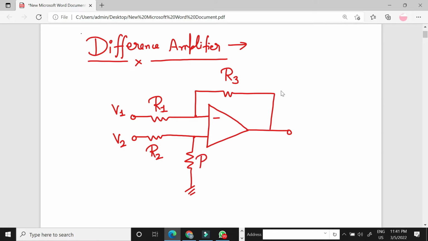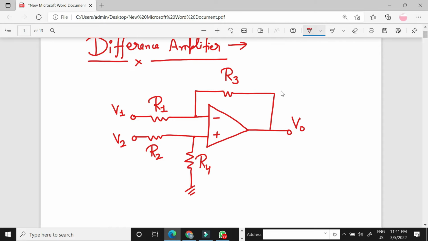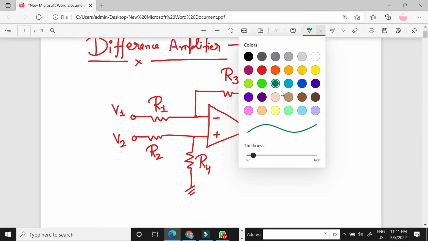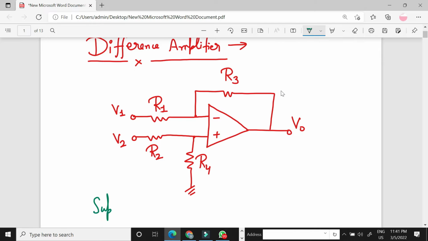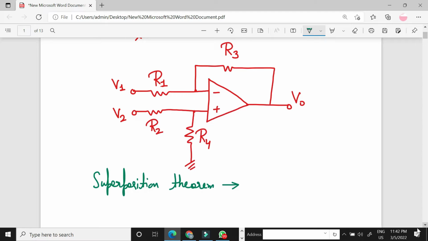First of all, we should know how to calculate V0. So here two voltages are connected, so we can use the superposition theorem. The superposition theorem states that at one instant only one source is applicable in the circuit.